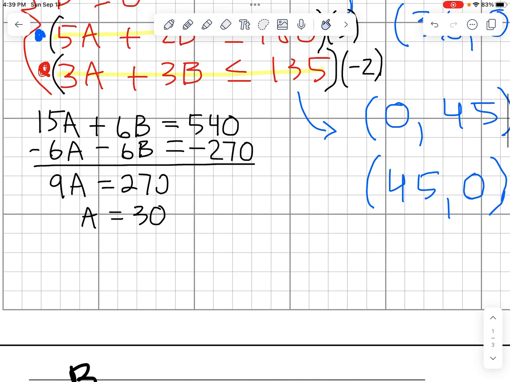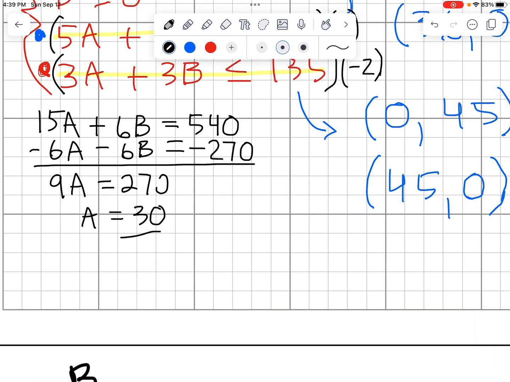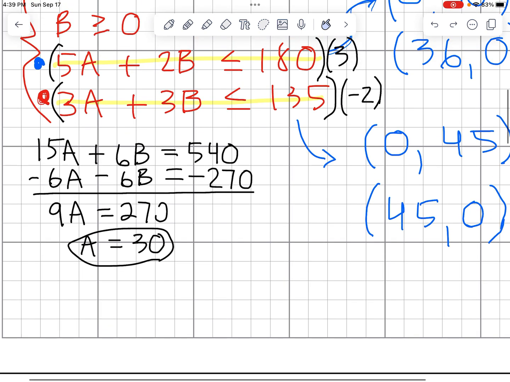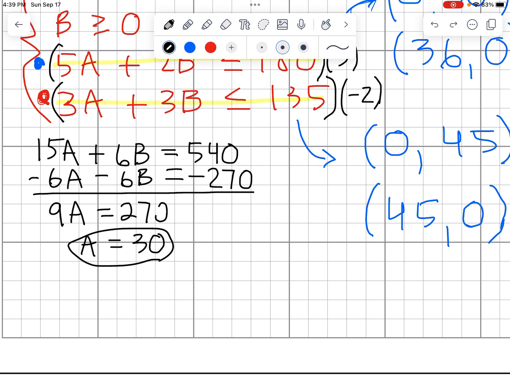I'm going to replace a in what I think is the easier of the two original inequalities, and solve for b. And I'm not sure which you think is easier. I don't know, I'm going to take the top one. I'm going to replace the a, and I'll show my work, with 30.